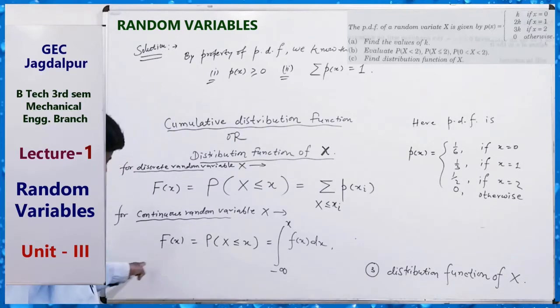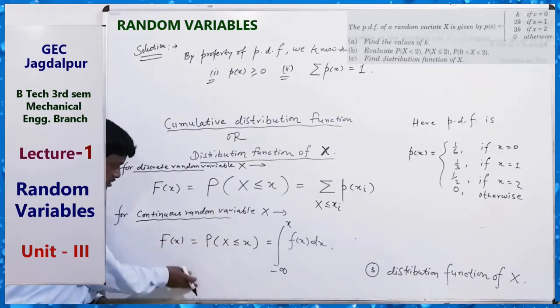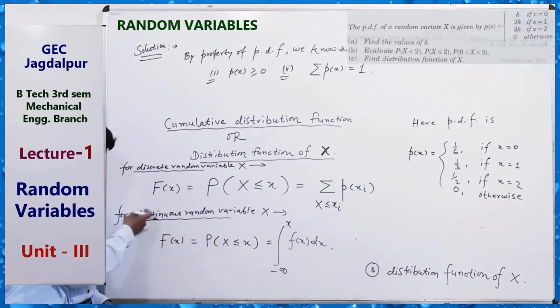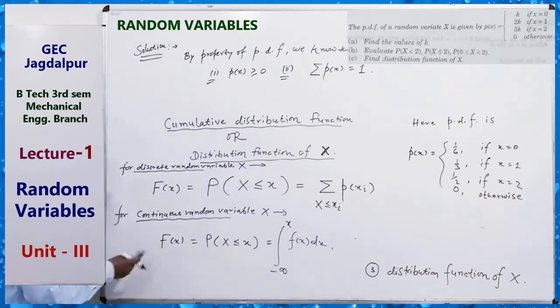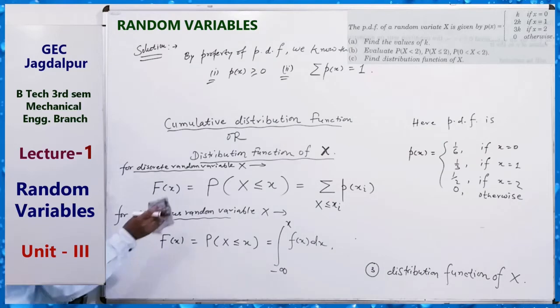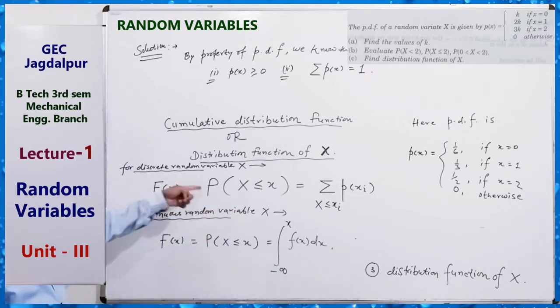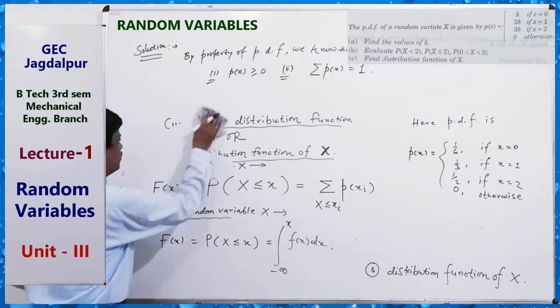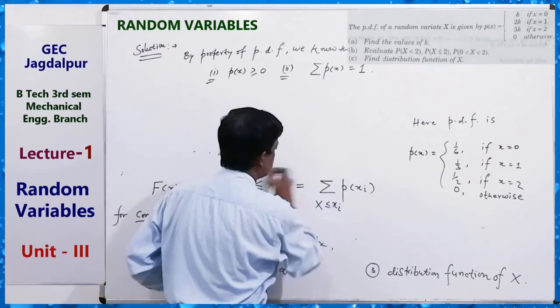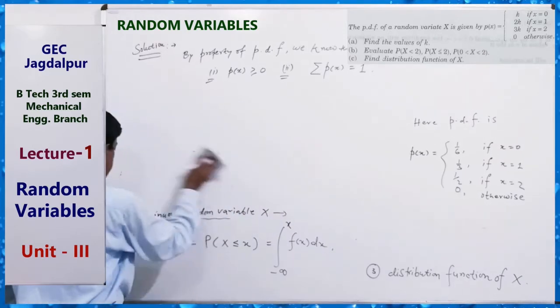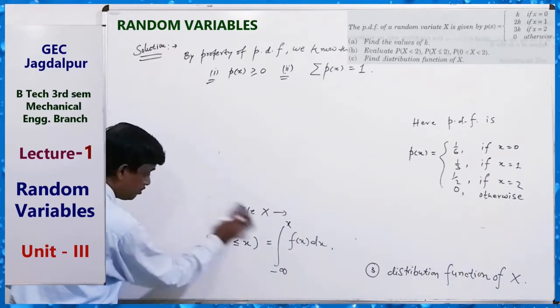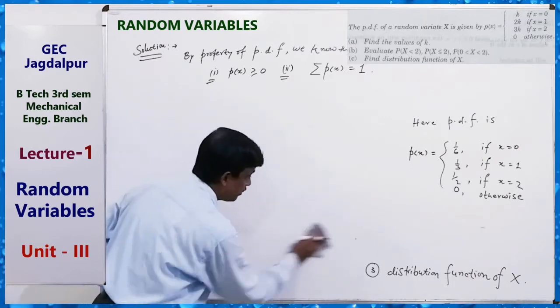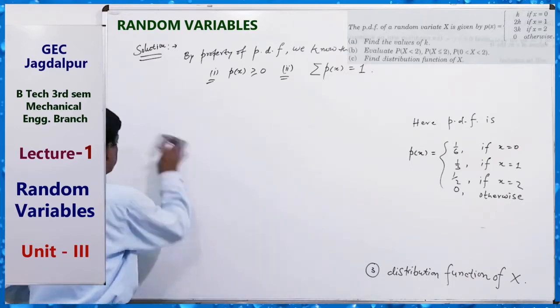There are some properties of the distribution function for a continuous random variable, which I will discuss later. For these questions we require the probability distribution function definition for a discrete random variable. Note down this definition.